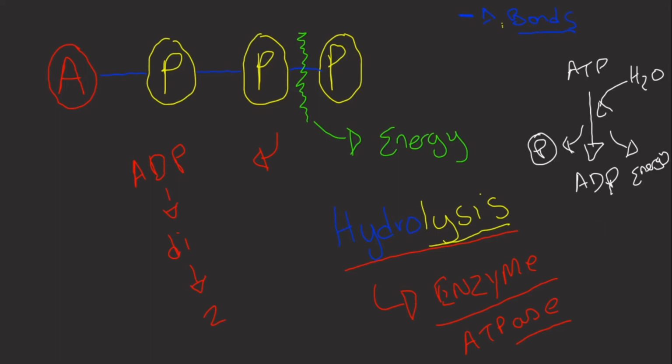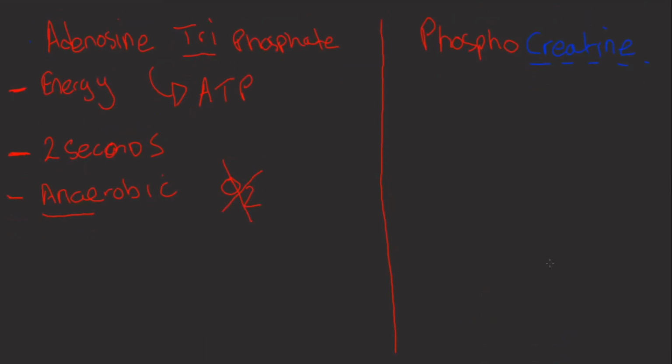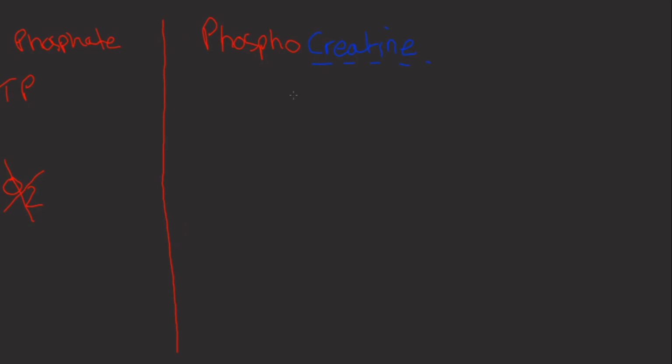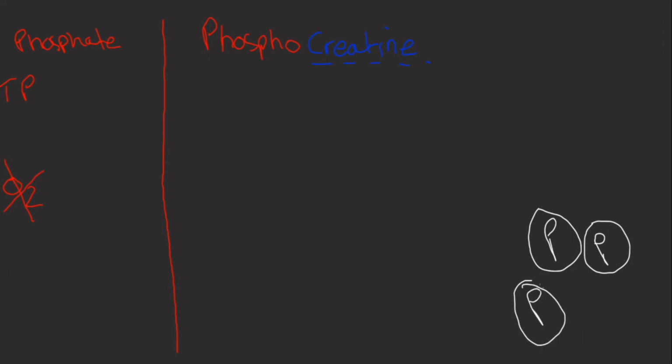So if we just scroll up a little bit. Phosphocreatine. Well, we know what phosphate is now. We've become established with phosphates. Let's put some phosphates down here. Let's try and understand creatine.